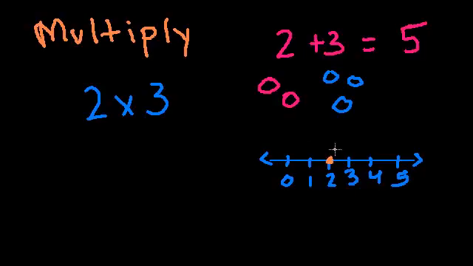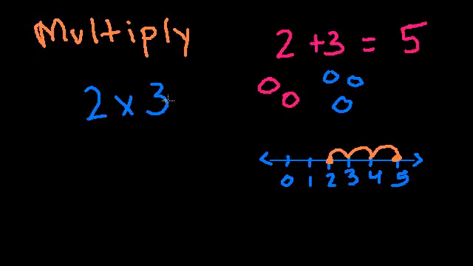And if you were to add 3 to it, you would move 3 spaces to the right. So if I just moved over 3 to the right, where do I end up? 1, 2, 3. I end up at 5. So either way, you understand that 2 plus 3 is equal to 5.